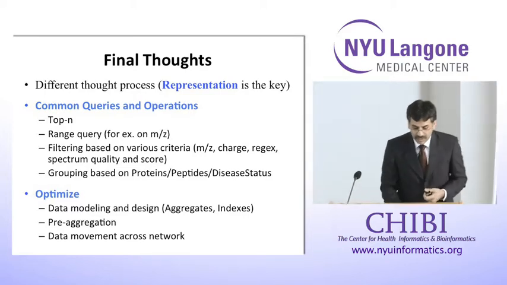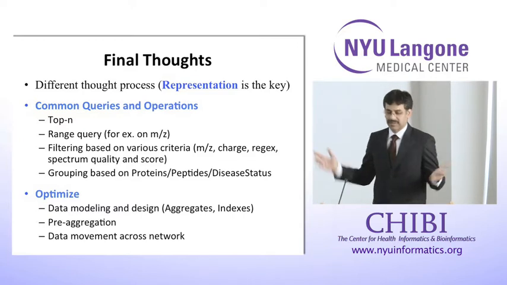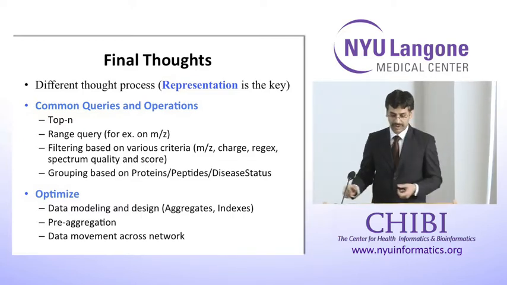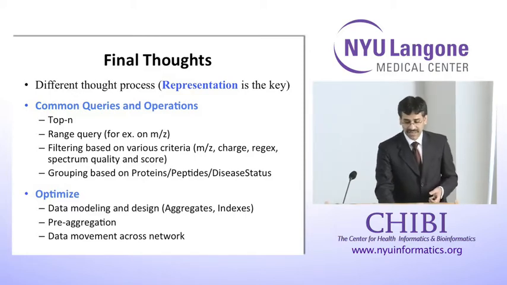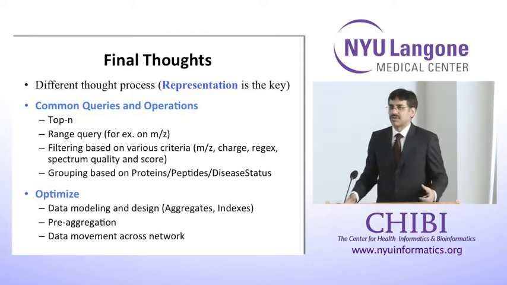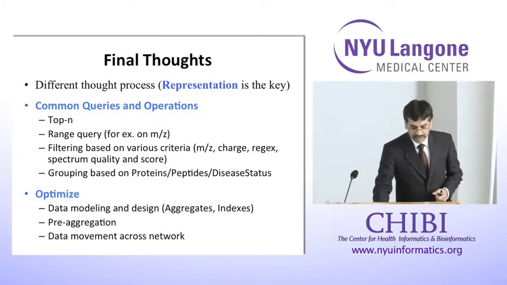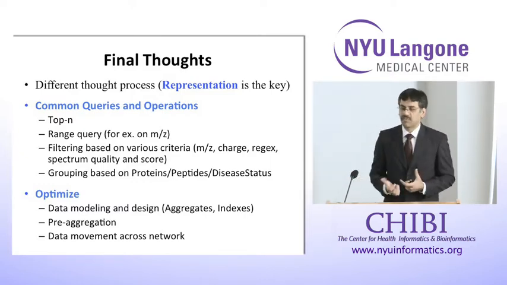So you need to understand what the common data access patterns are. Let's say a top N query is an important query. A range query on the m/z scale is an important query. Filtering based on various criteria, such as mass to charge ratio, charge state, regular expressions on peptide sequences, and spectrum quality scores, is an important thing to do. Grouping based on peptides, proteins, and disease status are important things to do.